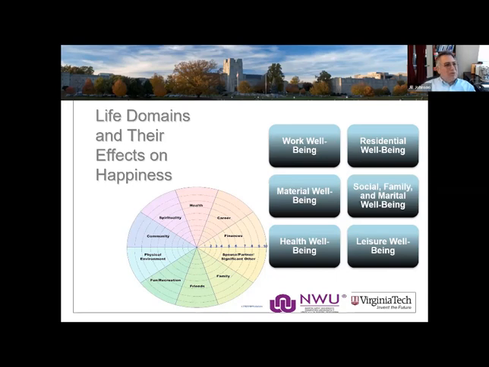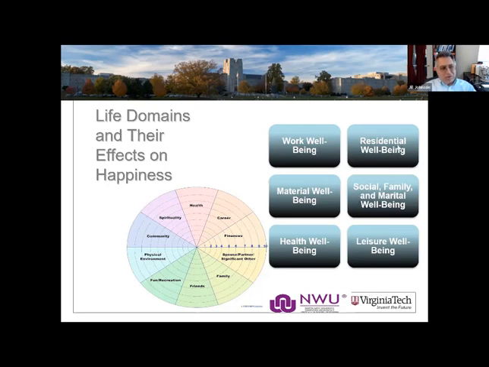Great. So again, based on the slides, we talked about the psychology related to the domain dynamics and the theories dealing with the interplay between and among the different life domains. And we finished discussing the research related to work well-being.